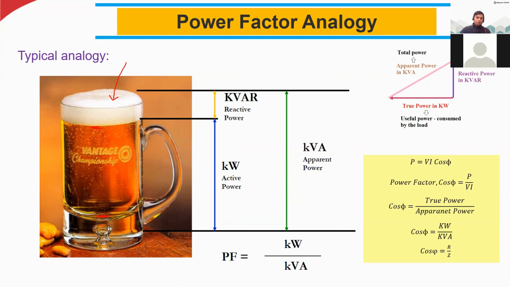This is called the total power, and this is the true power. This is what you are going to consume, but you are also getting these unnecessary bubbles. This is what is happening in the load. For example, you are applying 100 kilowatts, and the load is using only 80 kilowatts, and the 20 kilowatts is wasted by the reactance of the load.